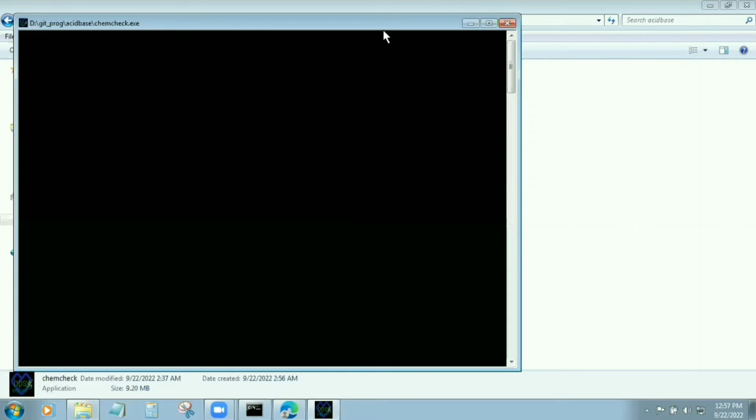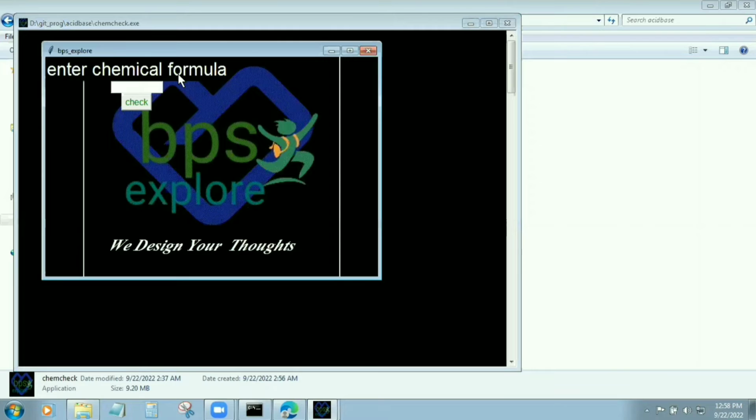And this application is to check whether a compound is an acid or a base, made more user friendly, where you can give input in small letters also.